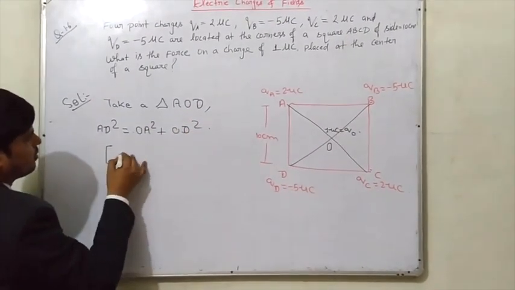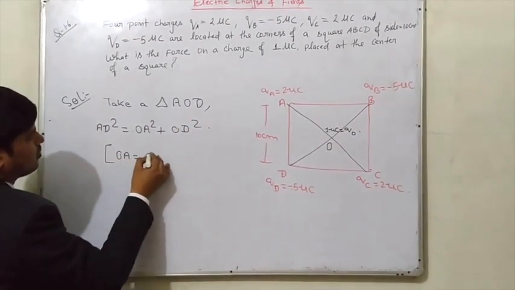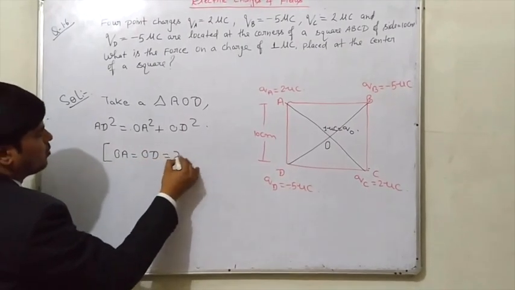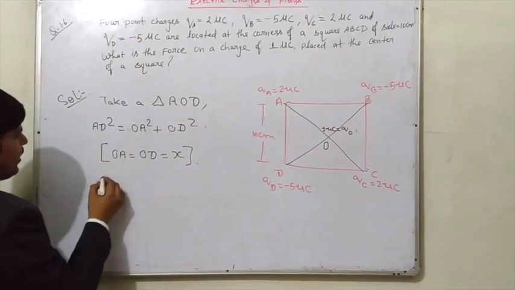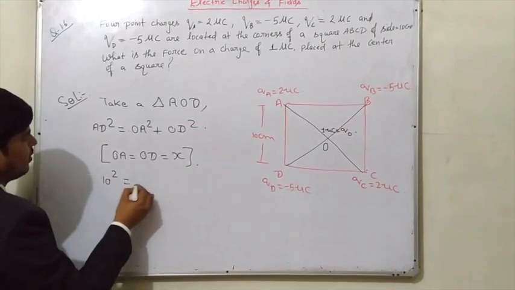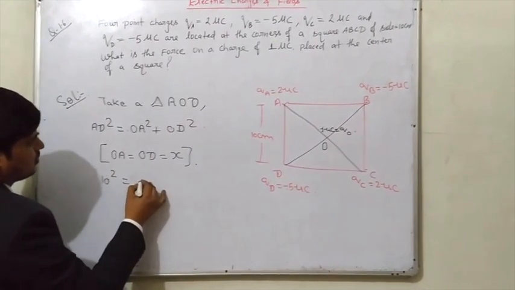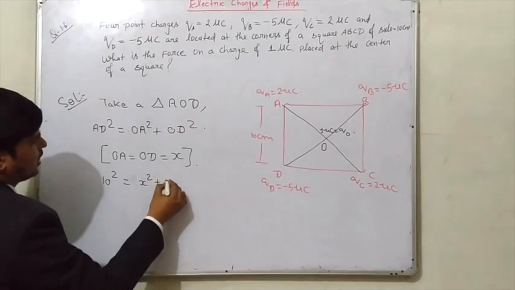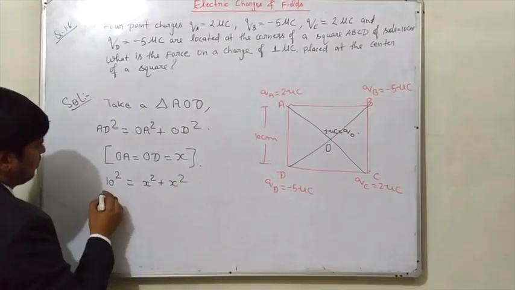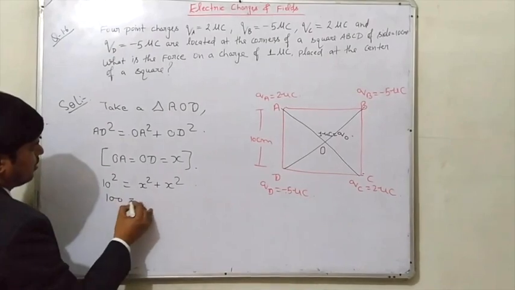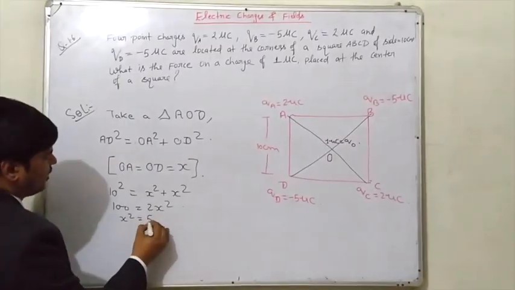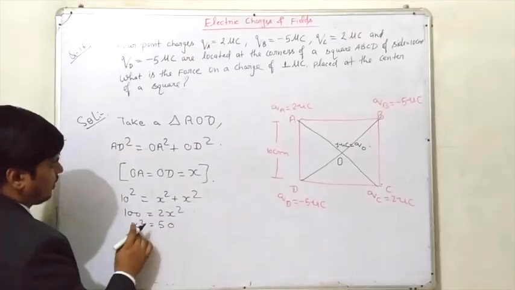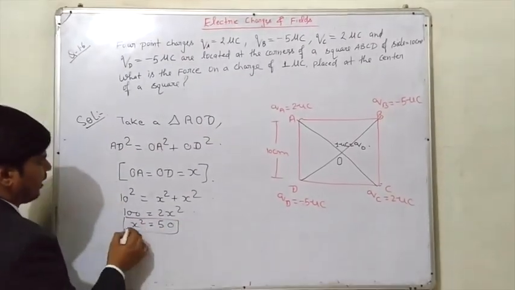You know that OA equal to OD equal to X. Put the values: AD is 10, so 10 square, that is X square plus X square. 100 equal to 2X square, and the value of X square equal to 50.